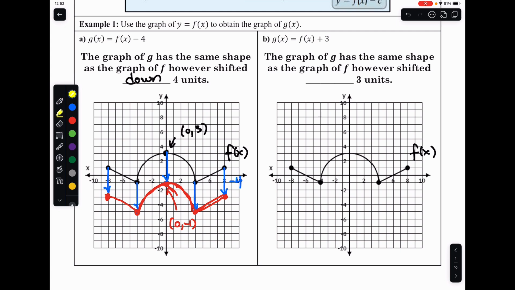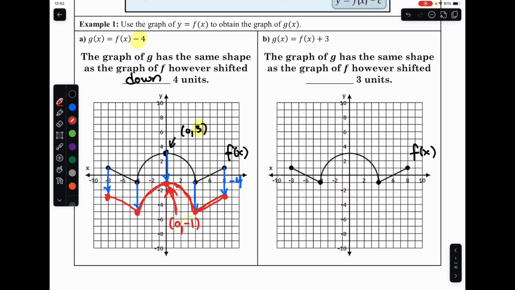See how this number changed from 3 to negative 1? Subtracting 4 from that y coordinate is what causes this to move down. So 3 minus 4 gives me this coordinate of 0, negative 1 down there.